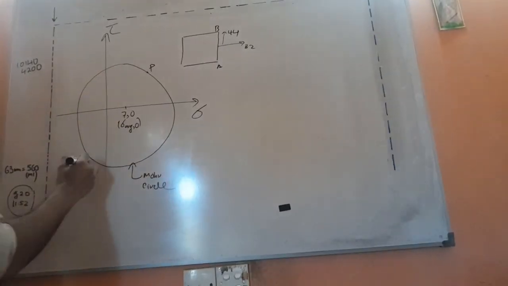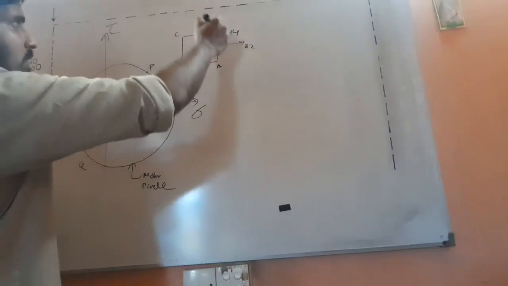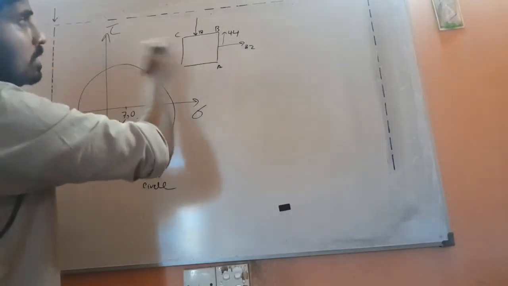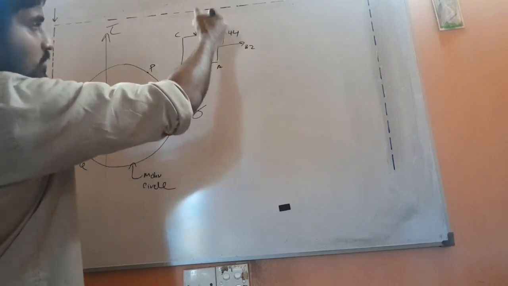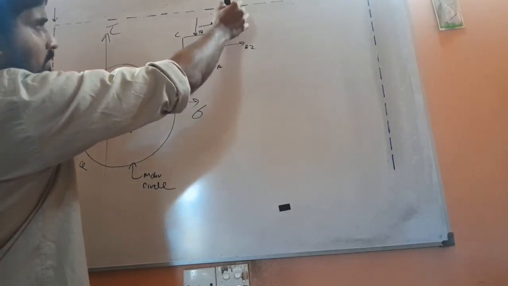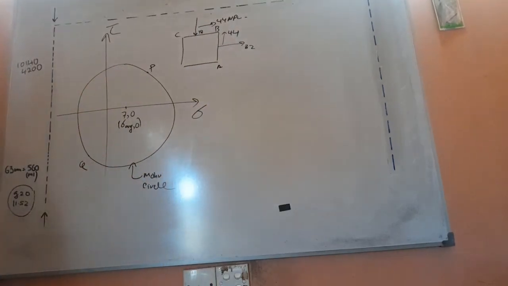So that is point P. And also you know, here we have point Q, that corresponds to the stresses on the side BZ, where we have 18 megapascal compressive stress and clockwise shear stress of 44 megapascals. That is point Q over here, right? So that also you know.